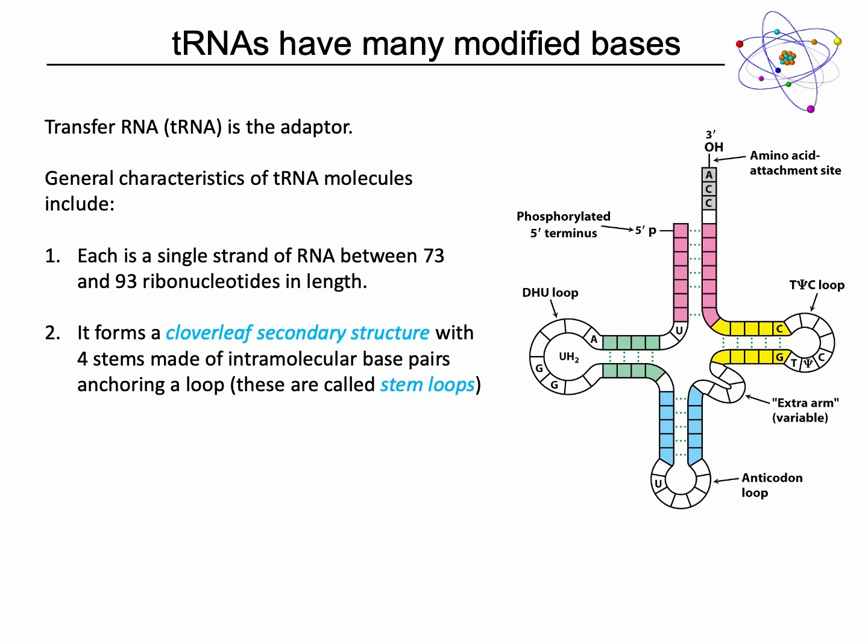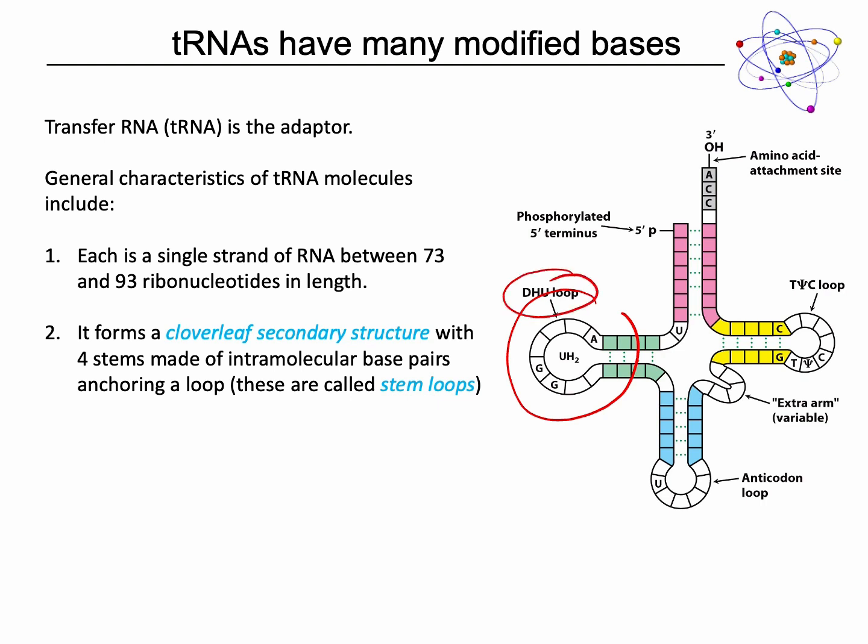This structure is formed by the presence of these stem loops, right? There are 4 stems and 3 loops. We have the acceptor stem up here where the 5' and the 3' ends are. It's also where the amino acid is attached. We have our anticodon loop down here, and that's where the anticodon is. We have our D loop, or sometimes called the DHU loop.